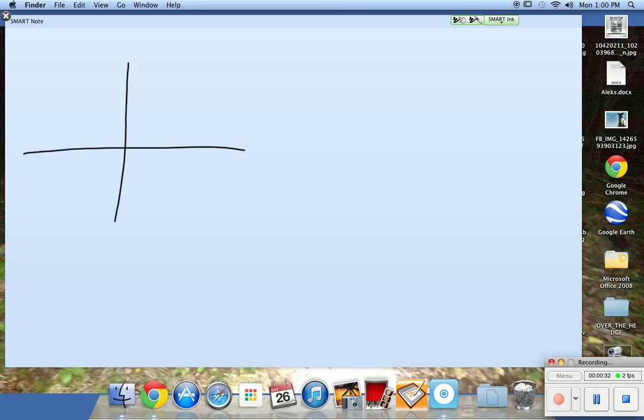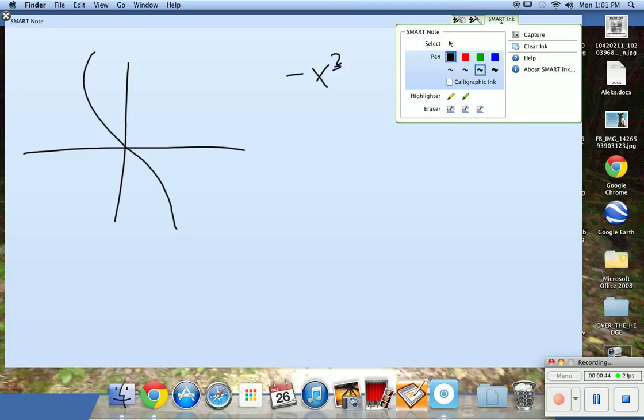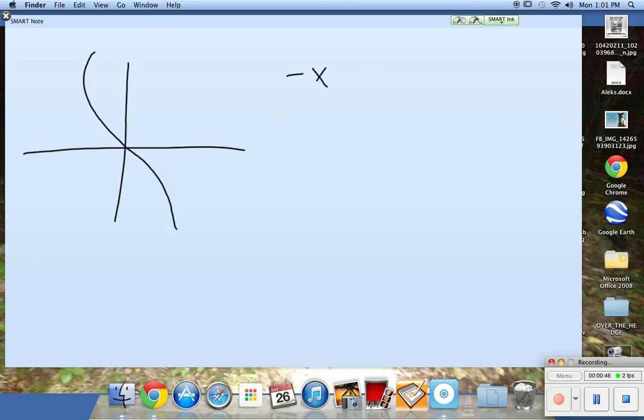An equation, and let's say this equation went like this. In other words, we graphed what? This would be negative x cubed. That'd be a graph of negative x cubed. It's continuous all the way through, and if you notice here, there's no break in the graph.